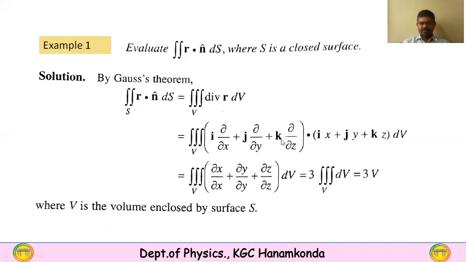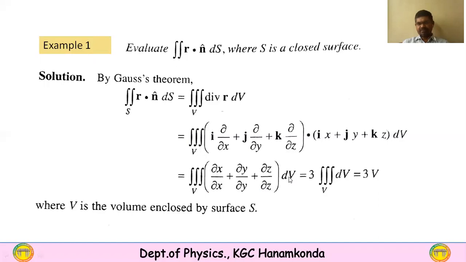By doing the dot product between these two quantities, you get i dot i, that is 1, ∂x/∂x, plus j dot j, that is 1, ∂y/∂y, plus k dot k, that is 1, leaving ∂z/∂z, into dV. But ∂x/∂x is 1, ∂y/∂y is 1, ∂z/∂z is 1. 1 plus 1 plus 1 is 3.